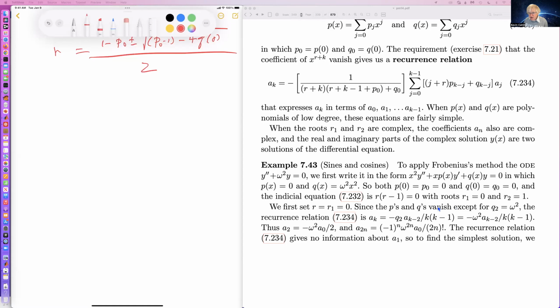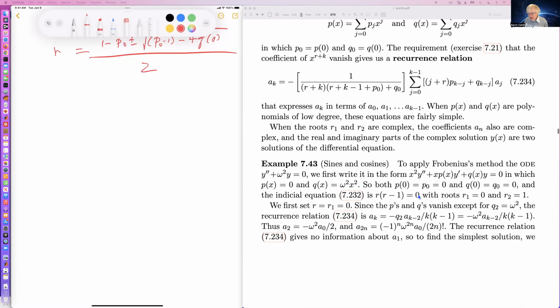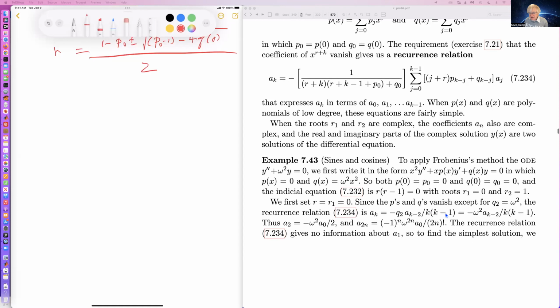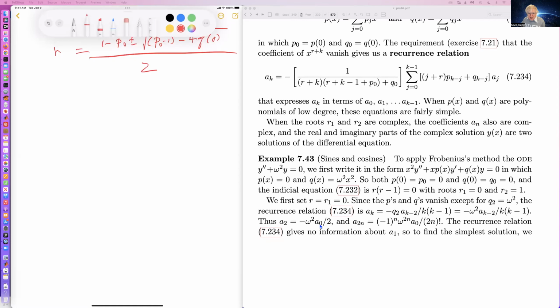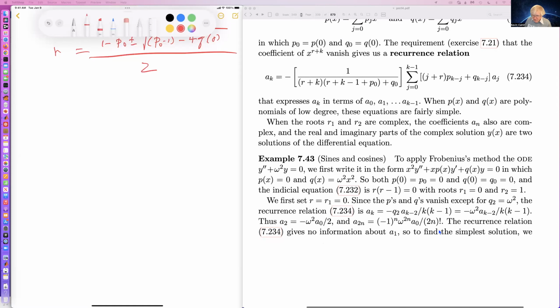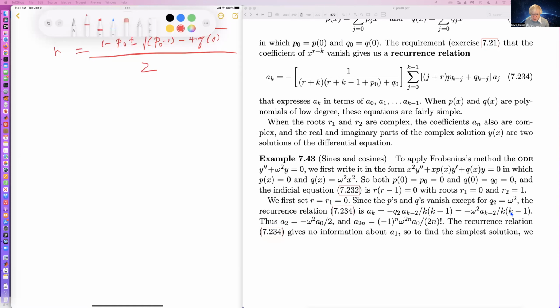So we just divide by k minus 1, and that's then minus omega squared a_(k minus 2) over k minus 1. And so setting k equal to 2, we have 2 times 1 times a2, and so that tells us that a2 is minus omega squared a0 over 2.